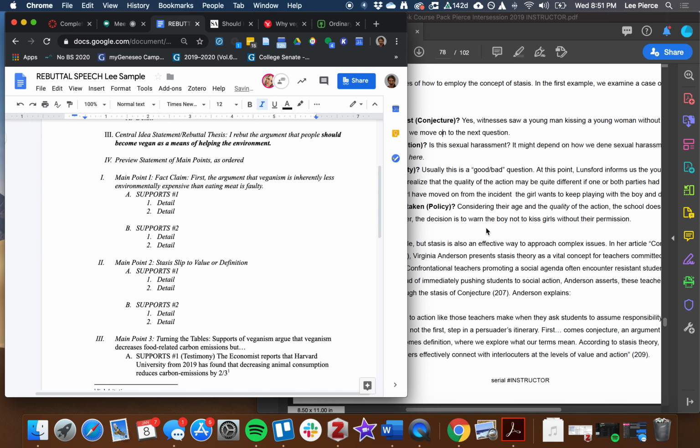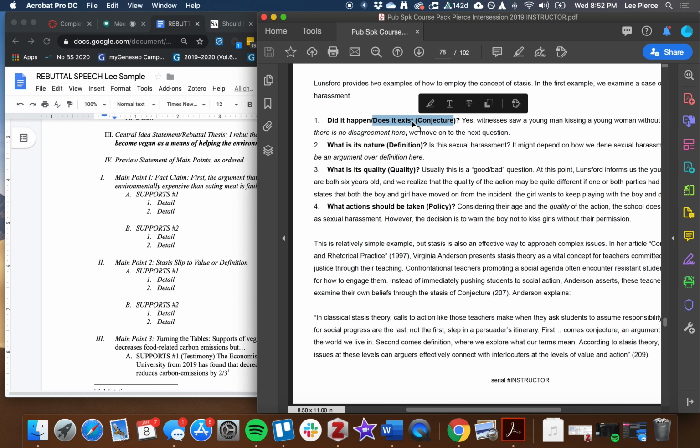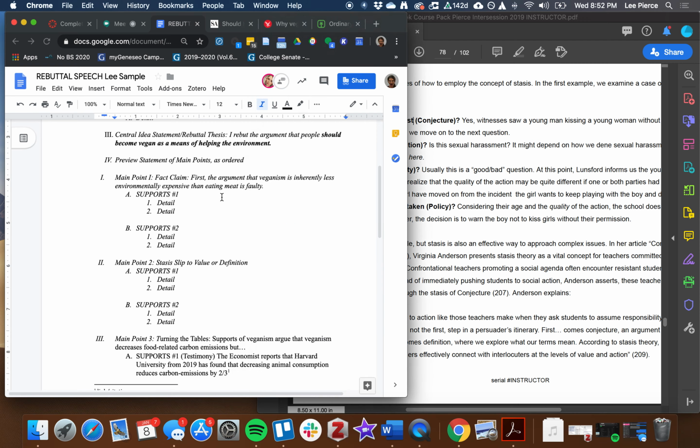This is a fact claim. Does it exist, right? Is it less expensive or more expensive is a fact claim. How many dollars does it cost? Because somewhere, again, an omnipotent being could look at the earth and say, yeah, I can tell you, because I can see and hear and know all things. Producing an avocado costs about the same as you buying a cow to eat, all right?